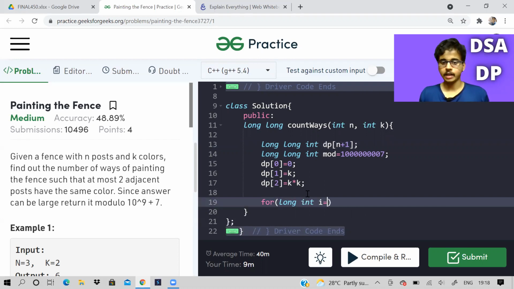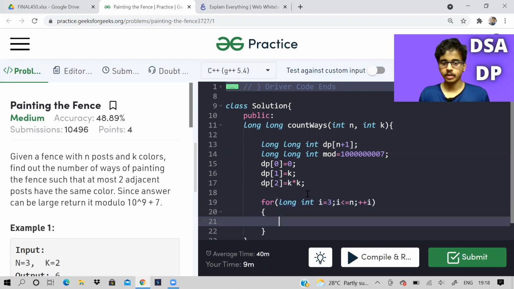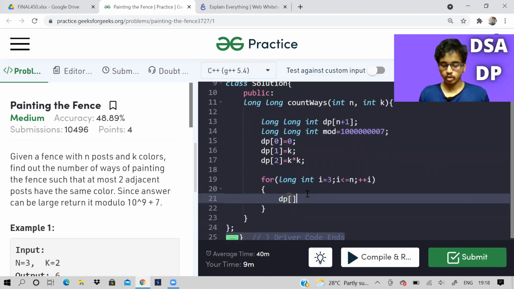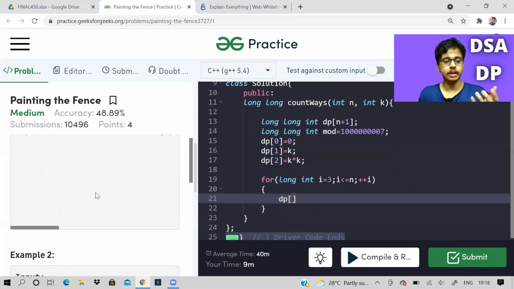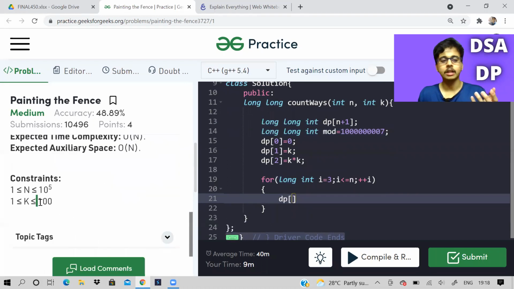So now let us start from post 3. For i equal to 3, i less than or equal to n, plus plus i. Now, simple. You don't have to worry much about mod because if you observe, the maximum value of k here is 100.